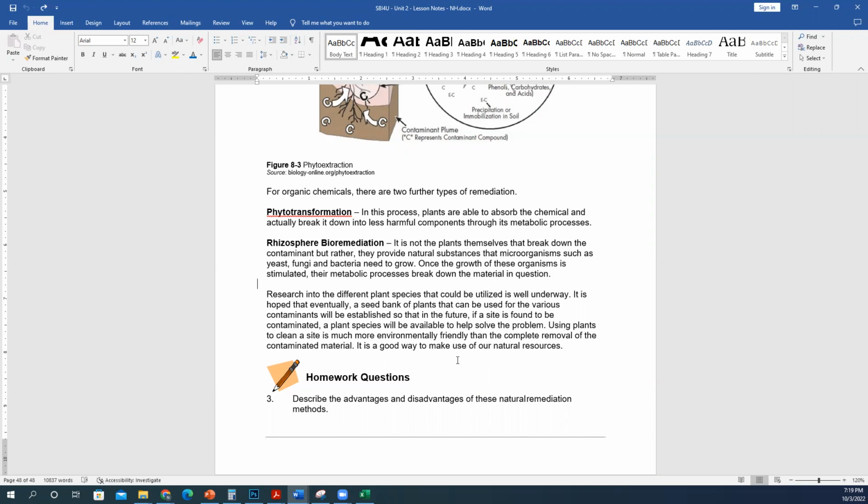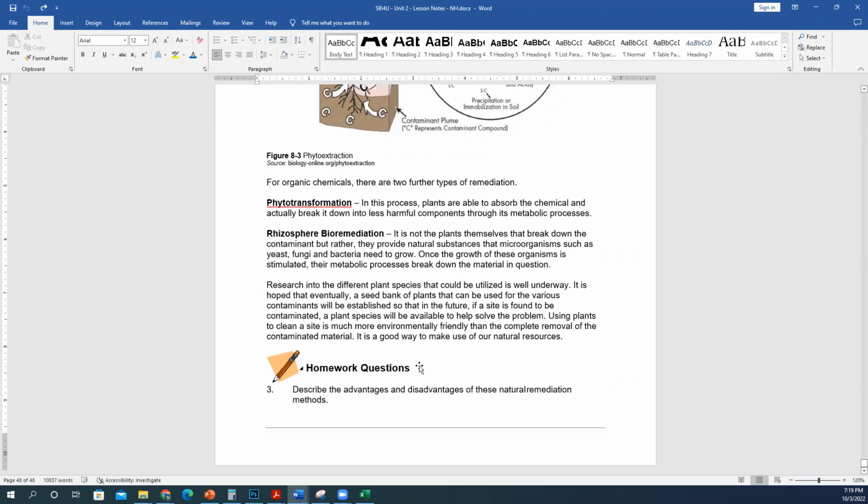And as a result, using plants is really the more environmentally friendly way than the complete removal of the contaminated soil and earth from the area. And it's also a good way of making use of the natural resources that are available to us.